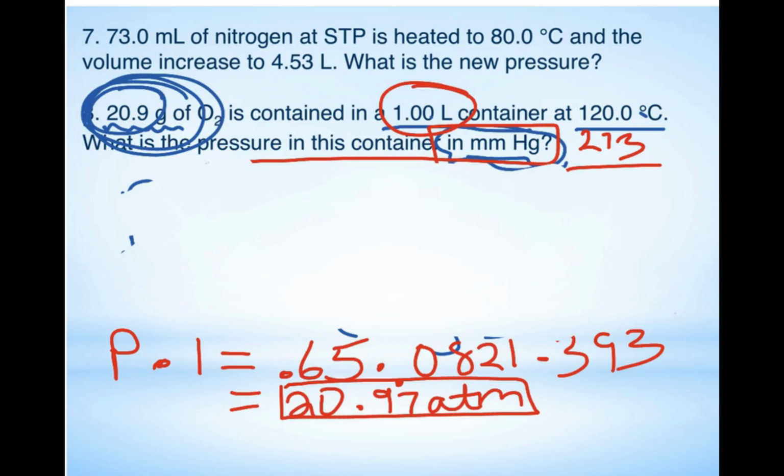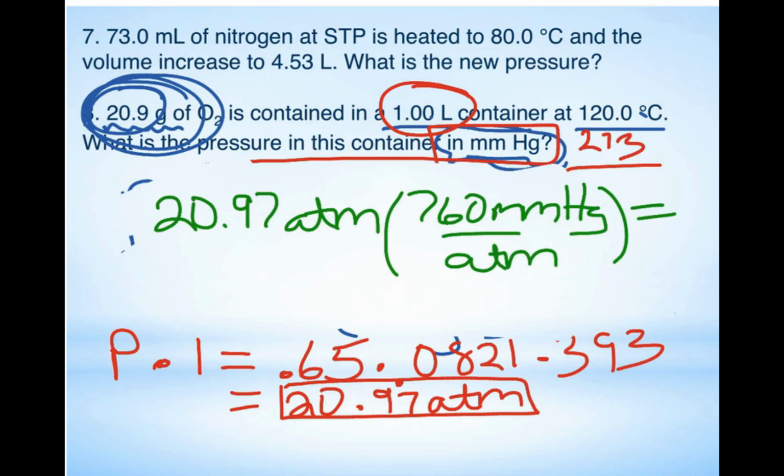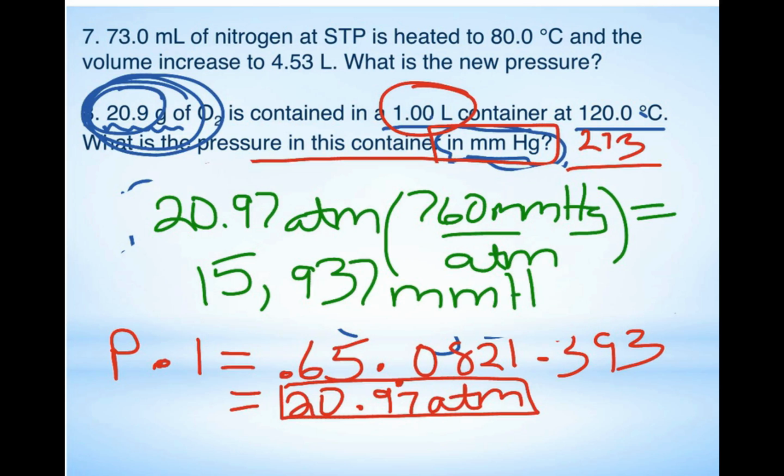The last step of this problem now is to change 20.97 atmospheres to millimeters of mercury, and there are 760 millimeters of mercury per atmosphere. So when we calculate this, we're going to get a pressure of 15,937 millimeters of mercury.